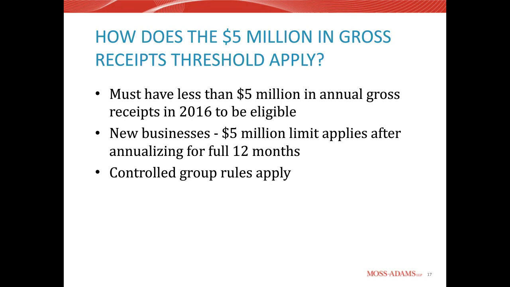Also, if you are a startup company that just started in 2016, you would need to annualize your revenues to reflect a full year and still be under that $5 million threshold. Also, if there's any related entities or if you have owners that own or control multiple entities, that gross receipt threshold would apply to the entire group. The entire group would need to be under the $5 million mark.